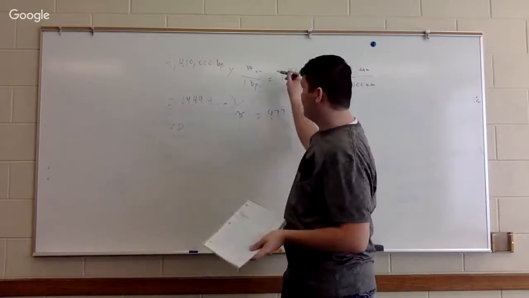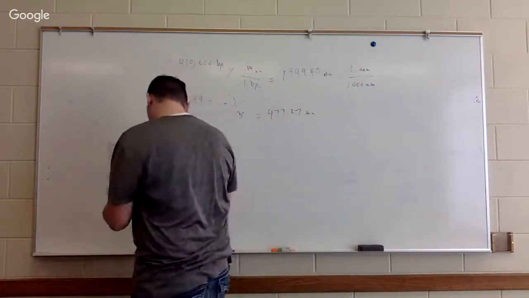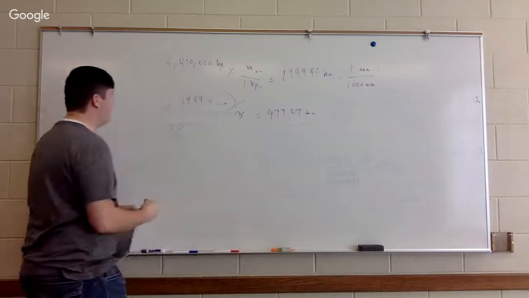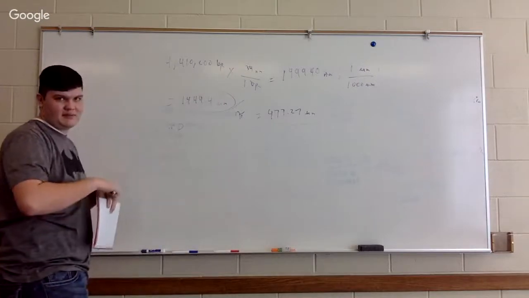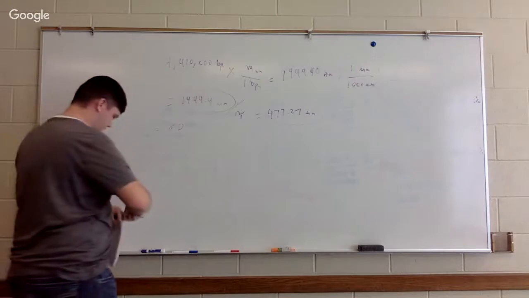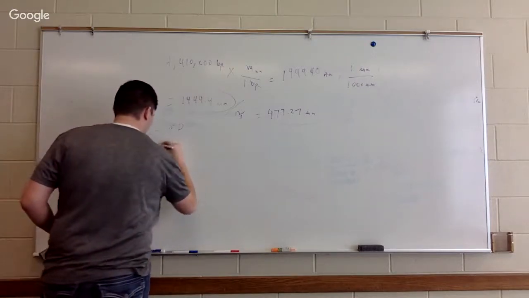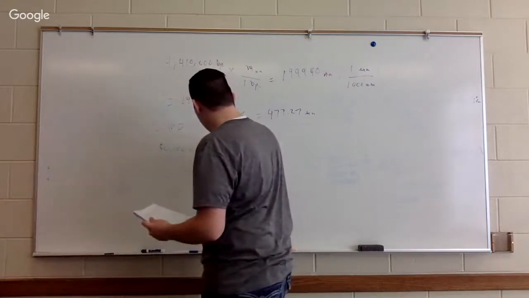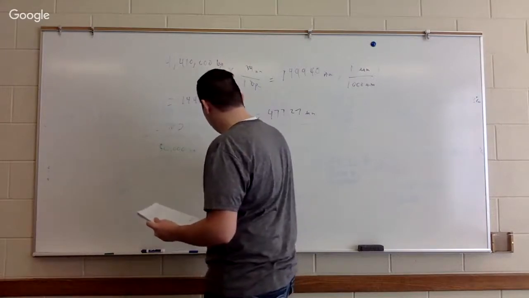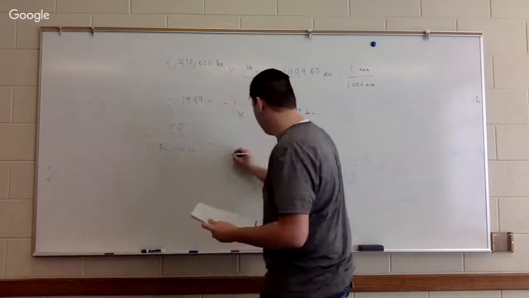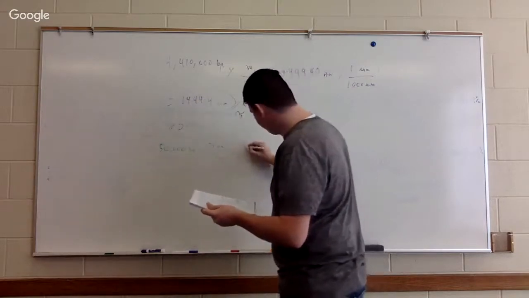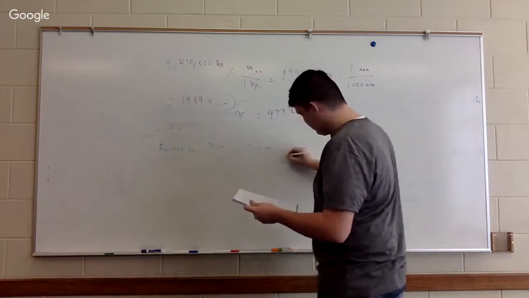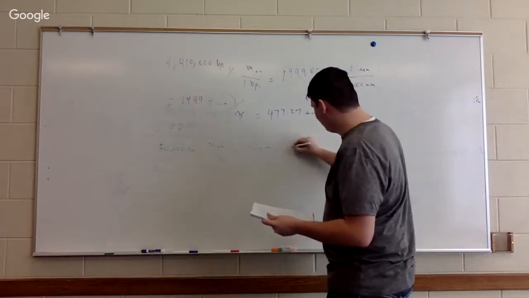We're going to do basically the same thing we did for part A, but instead of using the whole genome, we're just going to use the 50,000 base pairs it gave us. 50,000 base pairs, 0.34 nanometers per one base pair, gives us 17,000 nanometers, 1,000 nanometers to 1 micrometer.